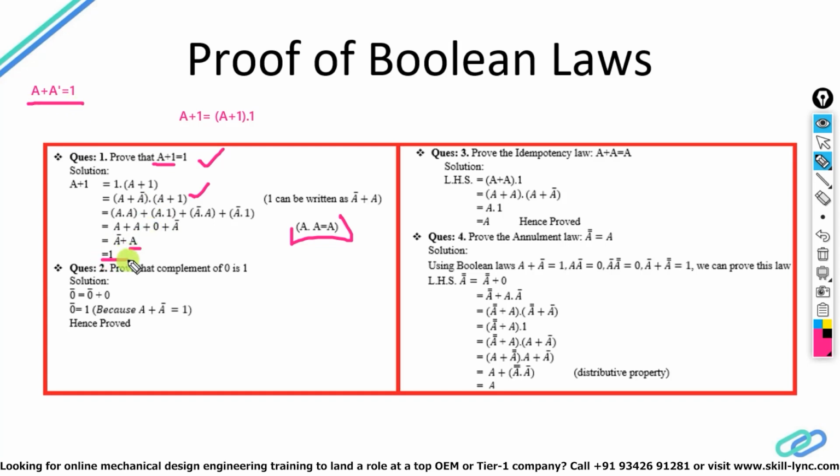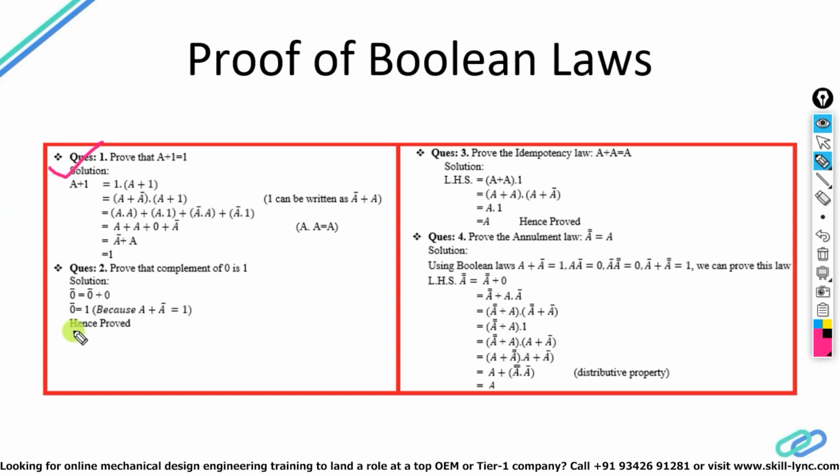That's why it is equal to 1. So this is the first law, that is A plus 1 equal to 1. We have to play smart here, just taking A plus 1 into 1, and then use the other Boolean algebraic laws and prove it.